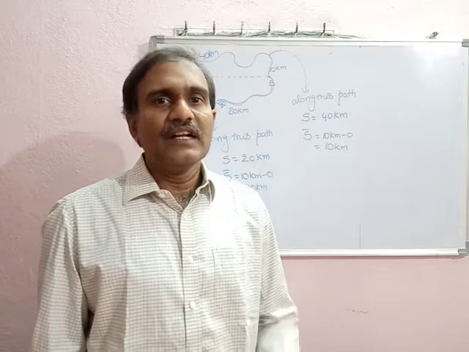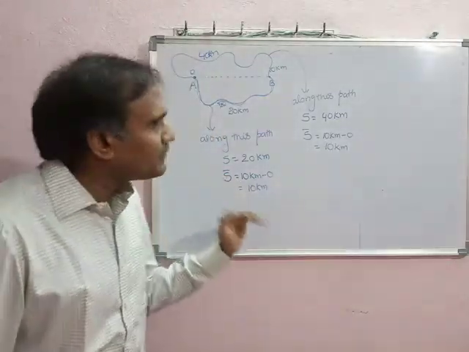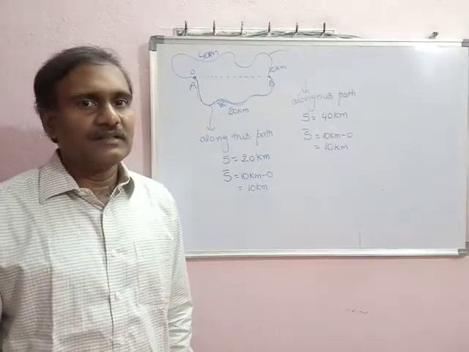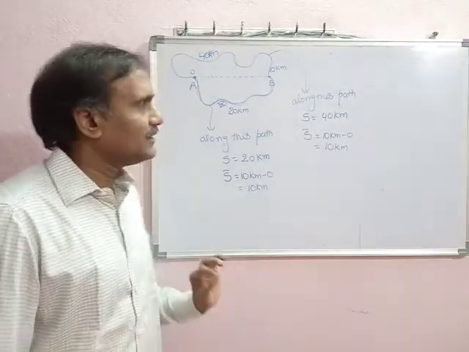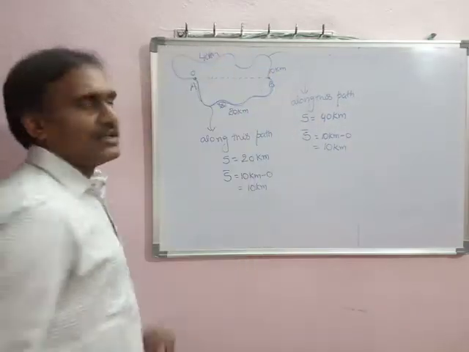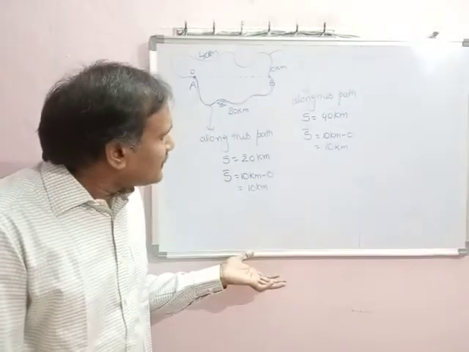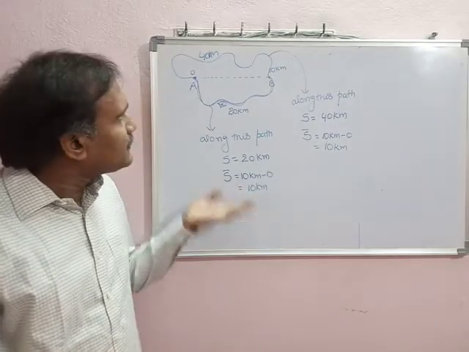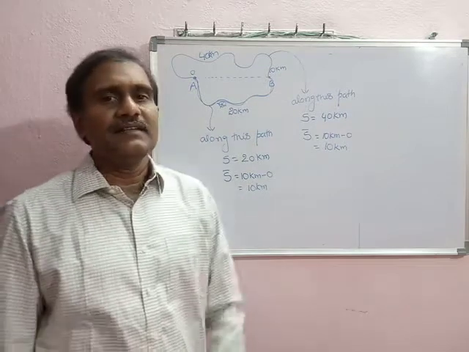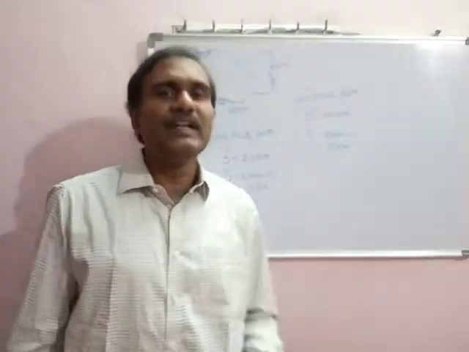No. That's why I am saying that displacement is nothing but the difference between the final position and the initial position. If you say it is the shortest path traveled by the particle, it becomes 20 kilometers.